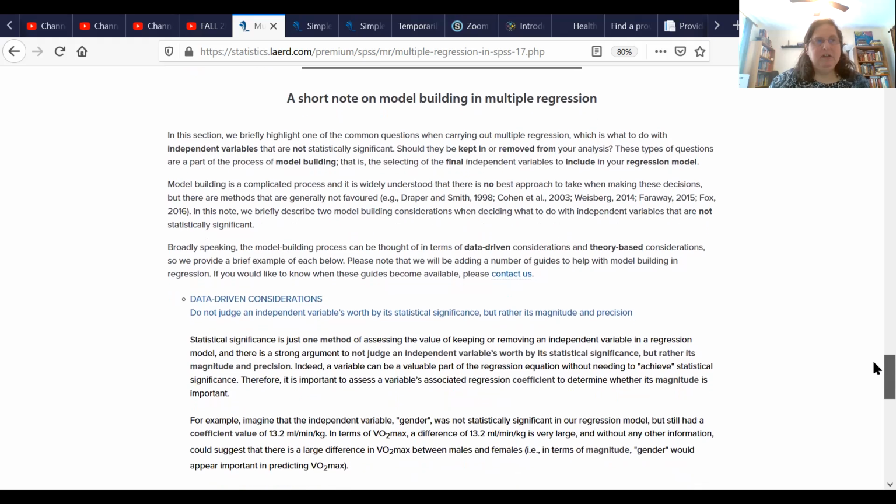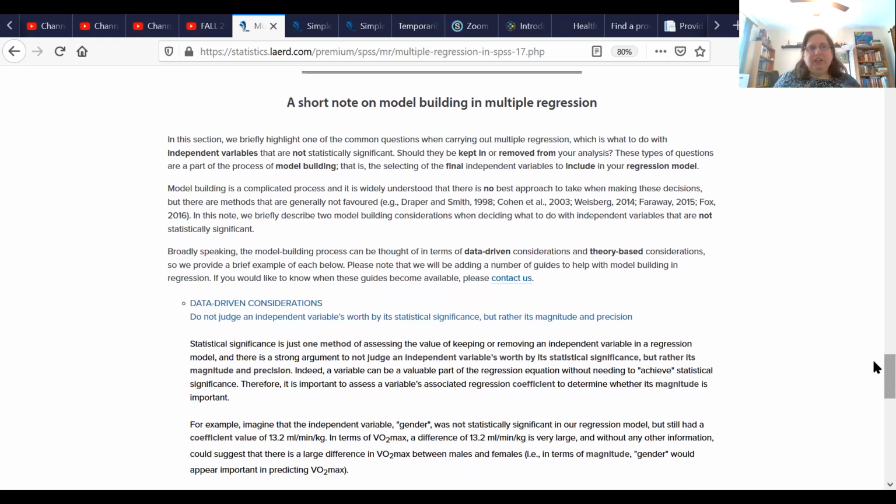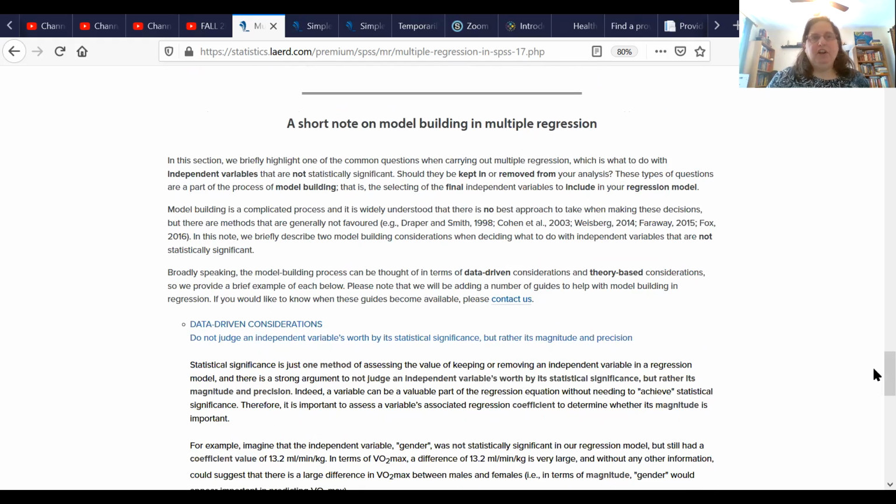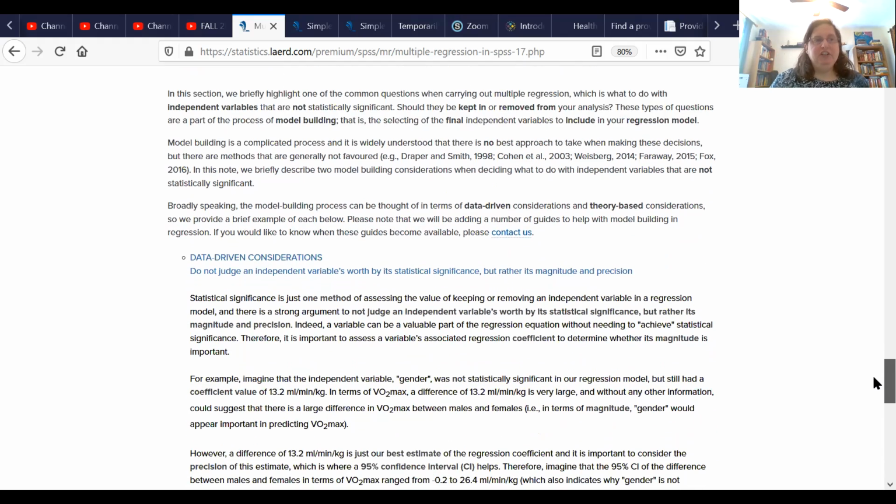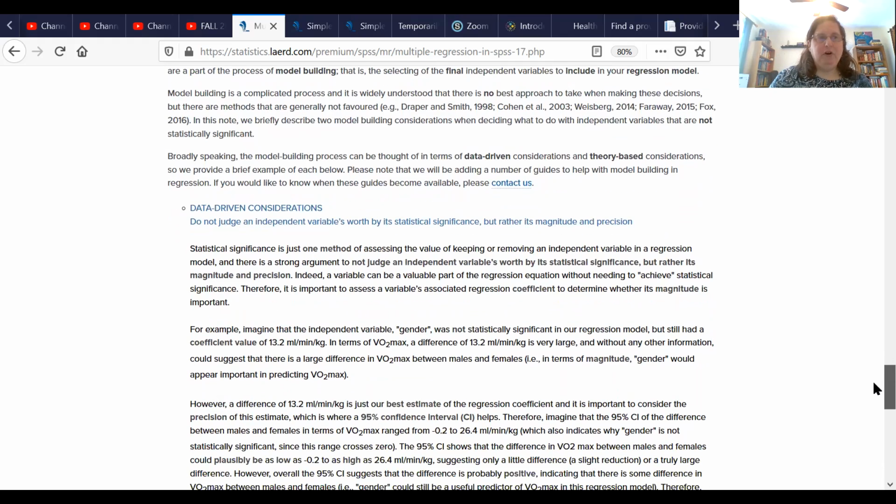Okay. Now, this is actually really interesting. I won't go into too much detail about it, but it could be helpful for those of you considering a multiple regression for your dissertation. It's about how you might build models, and we've talked about it already a little bit so far.